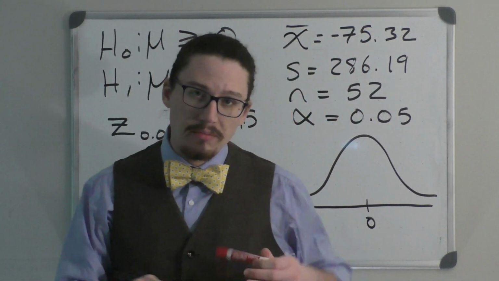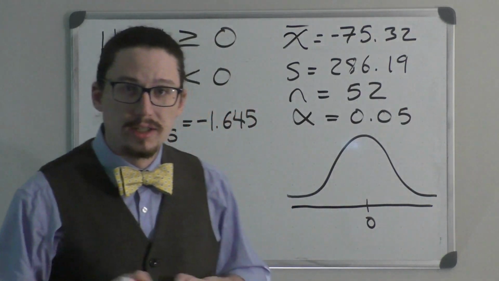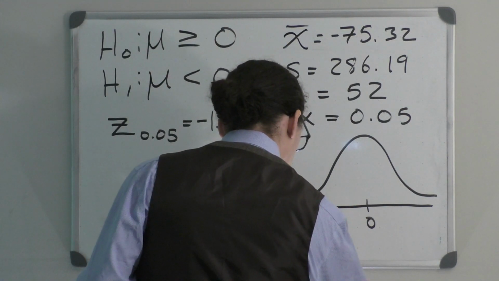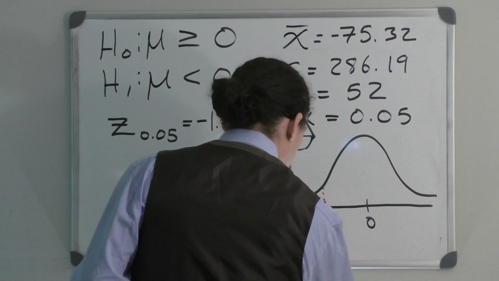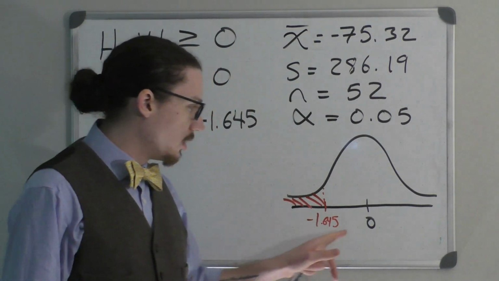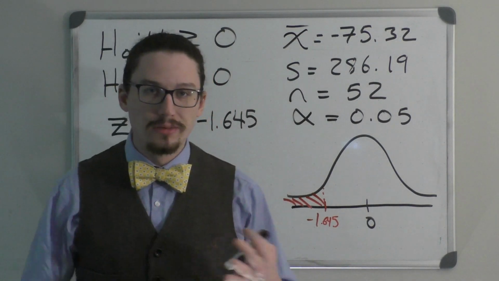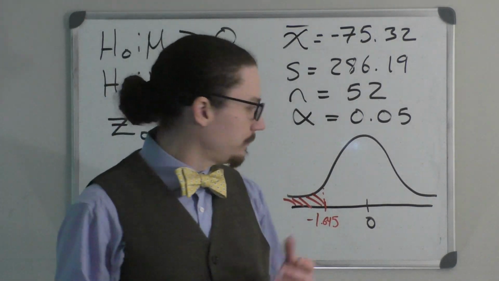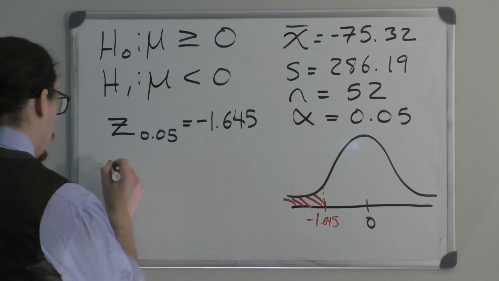It can help us remember, hey, I'm doing a left tail test, my critical value needs to be in the left tail. I need that rejection region in the left tail, so for it to be to the left of 0, it has to be negative.